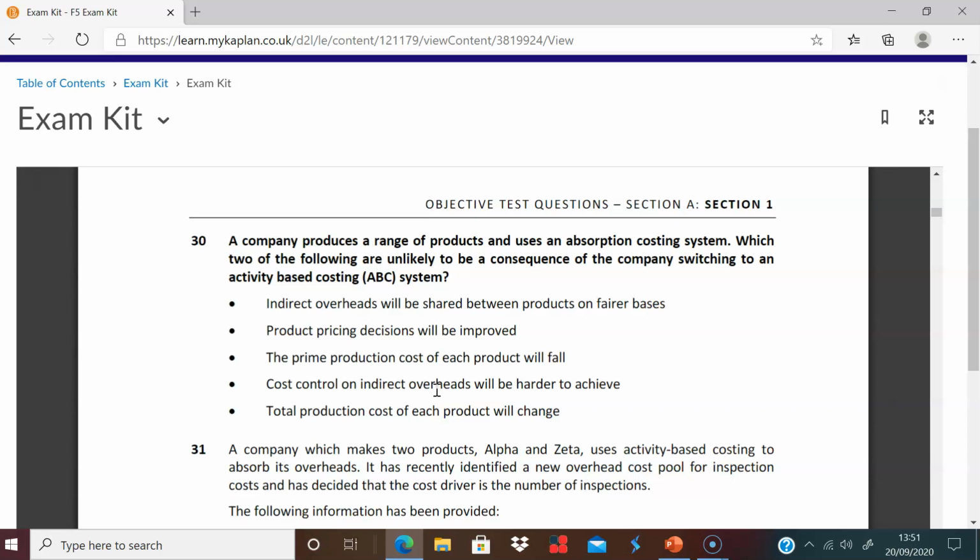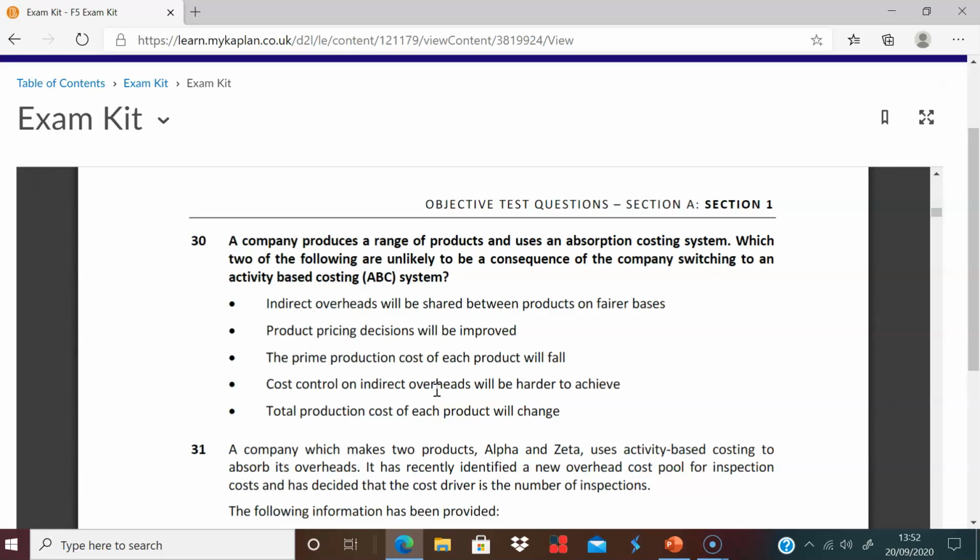So here it is. Which two? The prime cost of production will fall. That's not a consequence. And for number 30, what we also see is cost control.